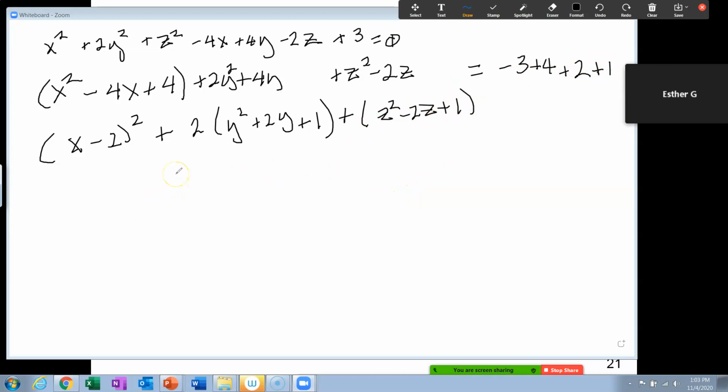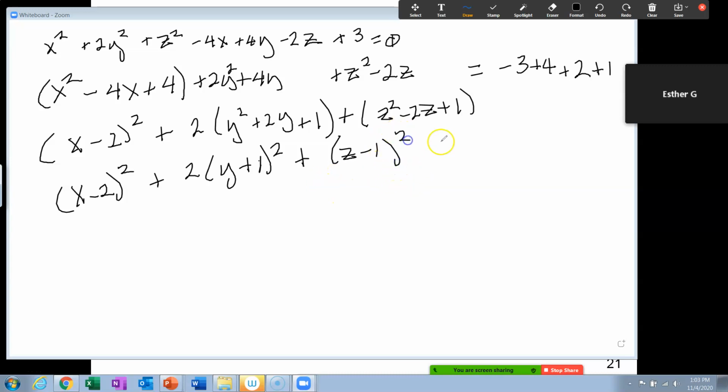So what do we have now? x minus 2 squared plus 2 times y plus 1 squared, we completed the square, plus z minus 1 squared is equal to, and what did these add up to? 4 and 2 is 6, plus 1 is 7, minus 3 is 4.